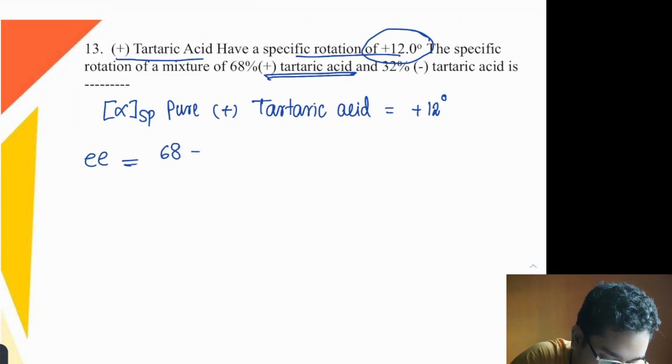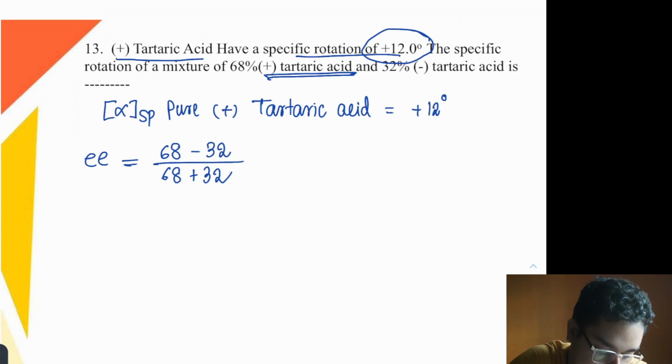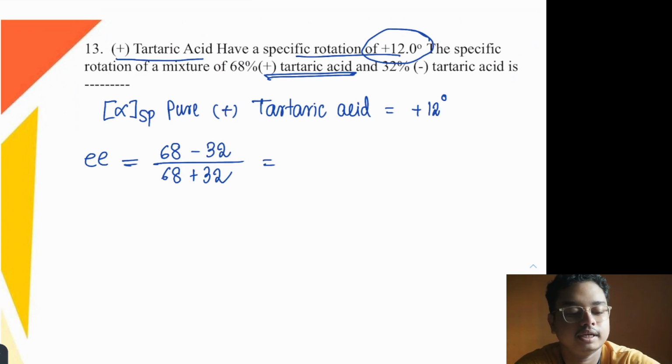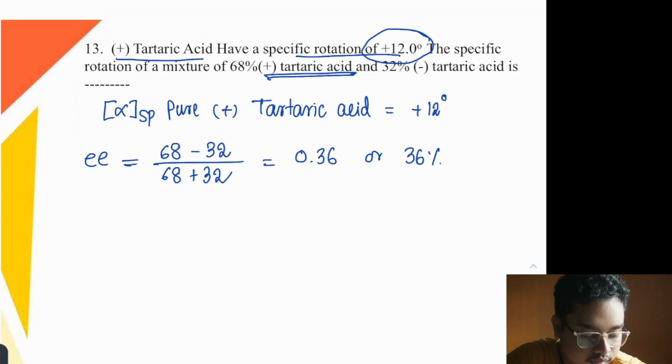E is 68 minus 32 over 68 plus 32, major minus minor divided by major plus minor. So the value will be 0.36 or 36%. Okay. And this will be due to the plus tartaric acid.